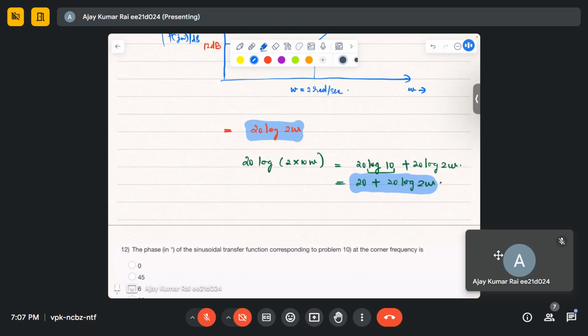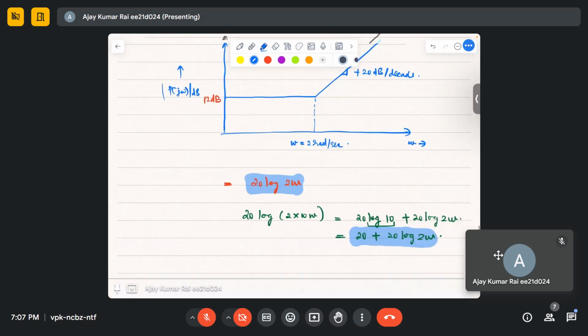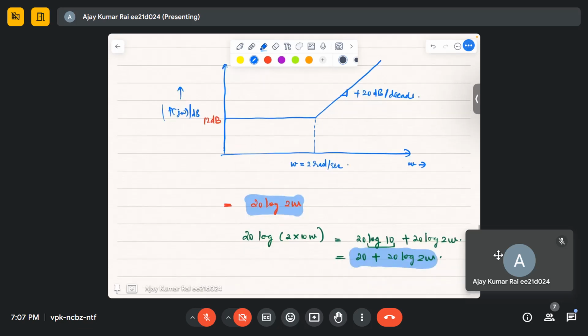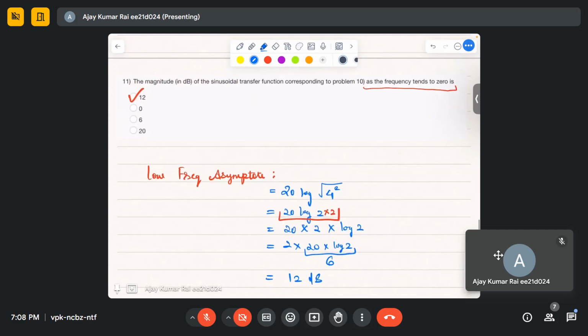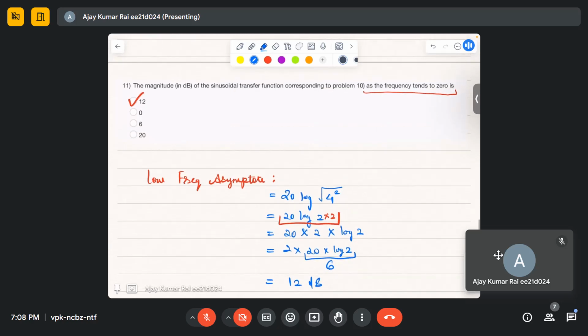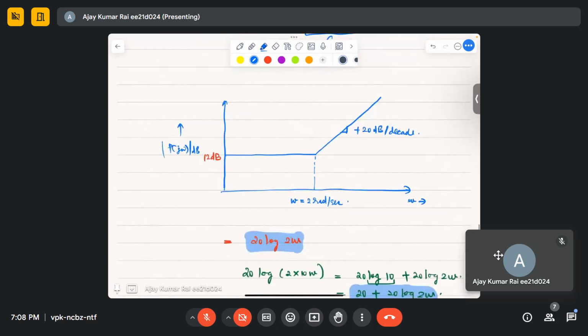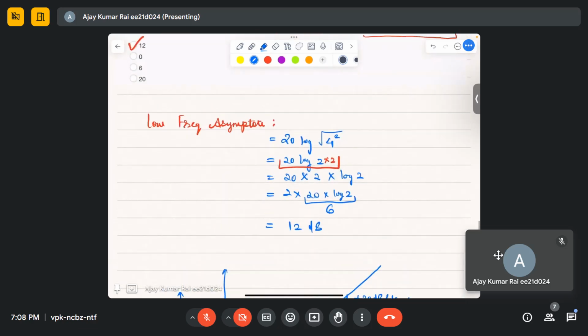That means your magnitude has now increased by 20 dB. So that's why the slope is plus 20 dB per decade. I hope there is no doubt. Similar to what we have been doing in the previous question. In this case, the answer is 12 dB. I hope there is no doubt. Simple question.